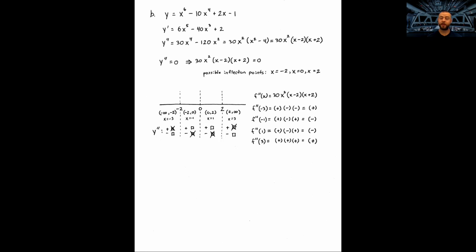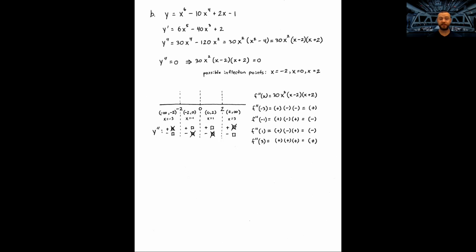And it's the same thing. We can use our simplified second derivative, the fully factored version, to plug in test points and just worry about the sign of the second derivative.